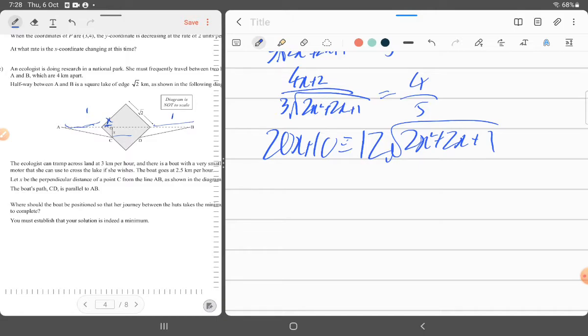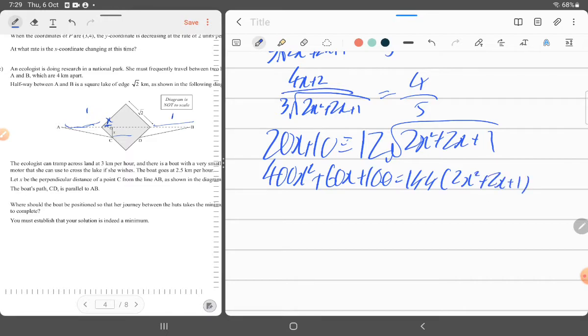This is becoming a really awkward number. 400x squared plus 60x plus 100 is equal to 144 times 2x squared plus 2x plus 1. 400 take away 400, equal 288. 122x squared. 60 take away 288 is 228x, minus 44 is equal to 0.